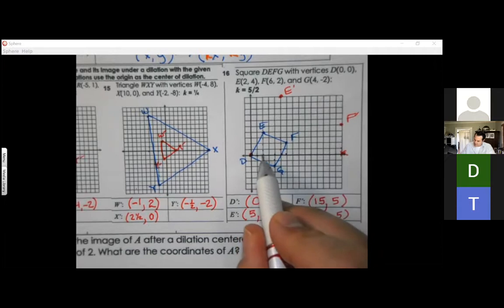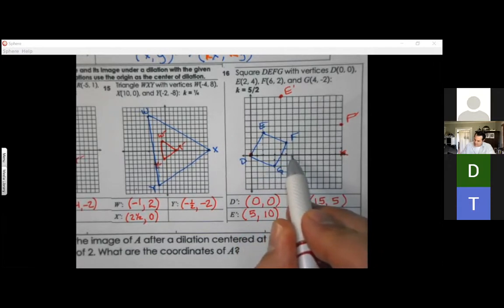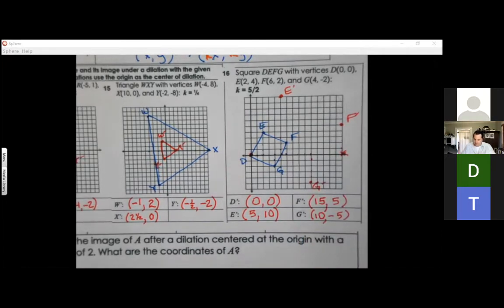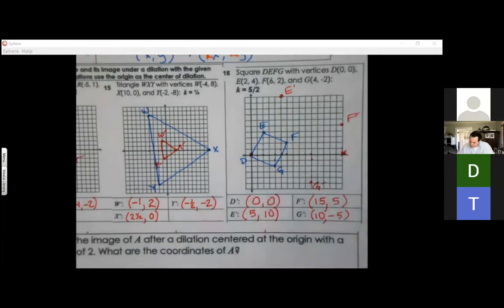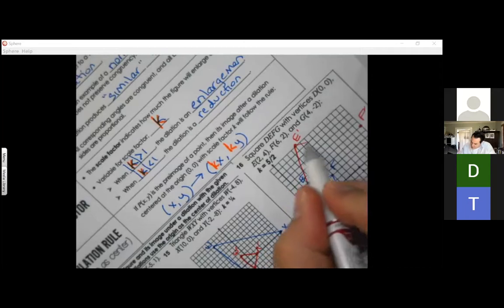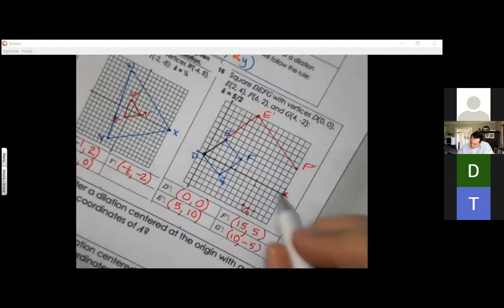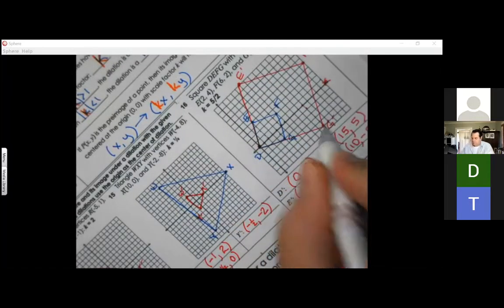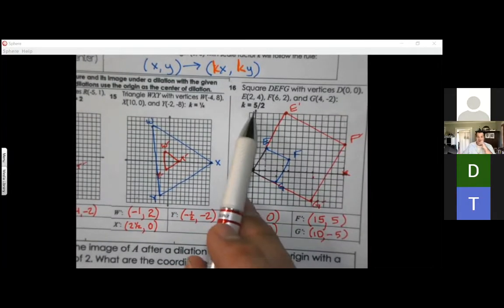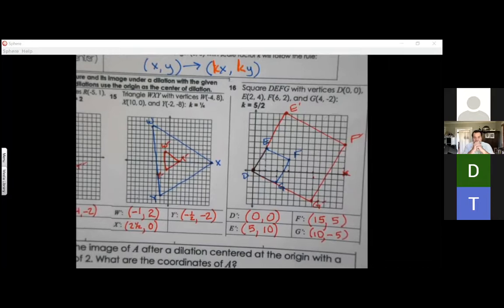And then 1 through 10, and 1, 2, 3, 4, 5. There's G prime. And now if I connect all these, it should make a bigger shape, about 2.5 times as big, because 5 over 2 is about 2.5.